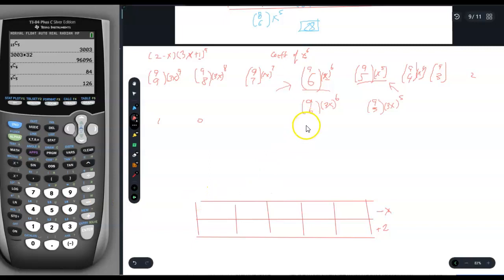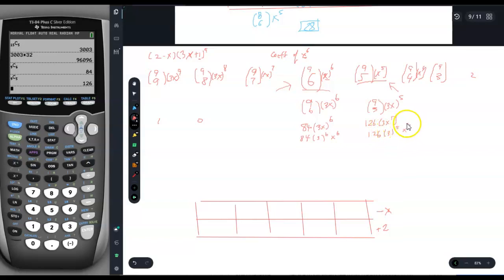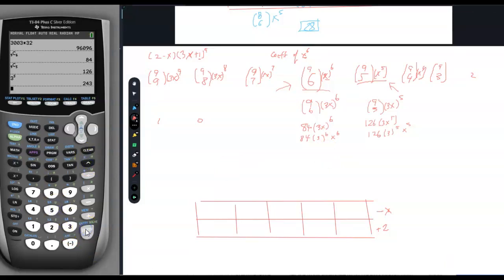So this would be 84, and this would be 126. So 84, 3 to the 6th, x to the 6th, and 126, 3 to the 5th, x to the 5th. So let's see, what is 3 to the 6th and 3 to the 5th? 3 to the 5th is 243. 3 to the 6th is 729.